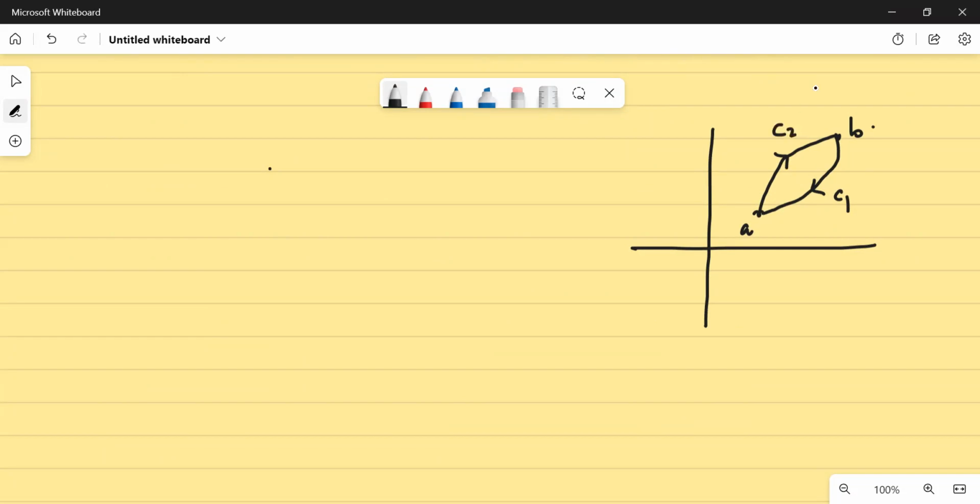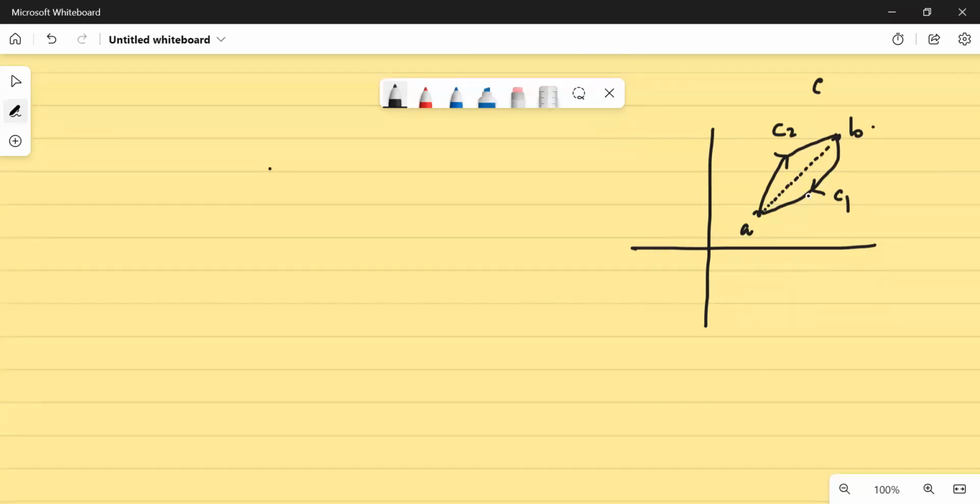So this is a closed contour C, and this is C2 and this is C1. So what does the principle of deformation of contour say? If I have to integrate from here to here or here to here, it means the same thing. I can simply say integrate from A to B.